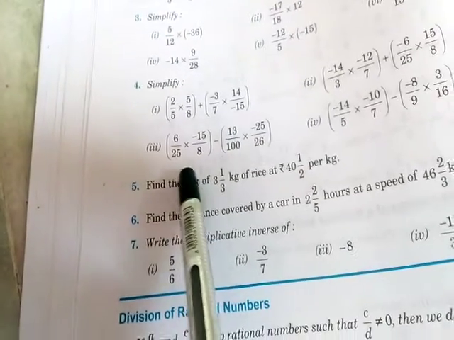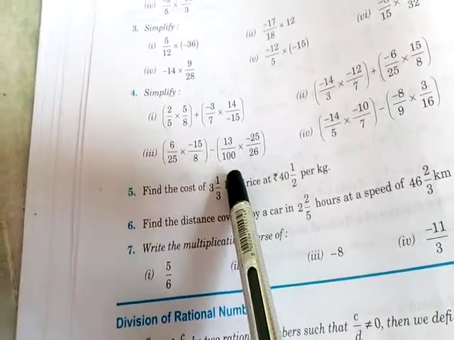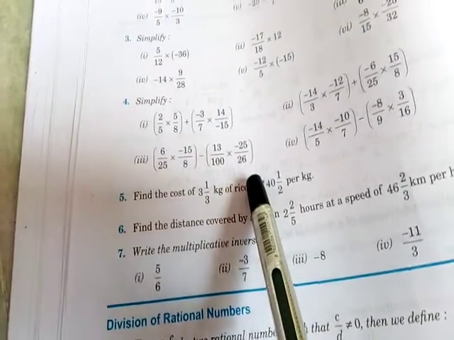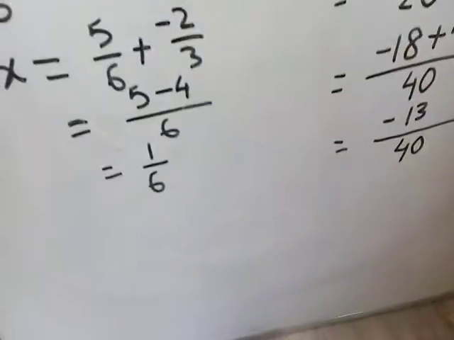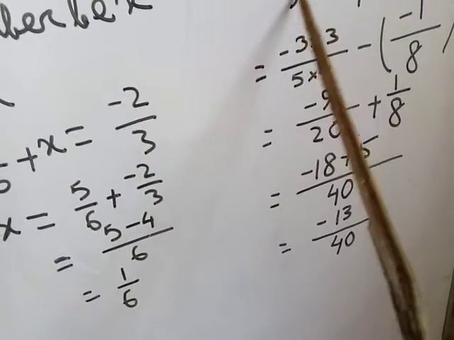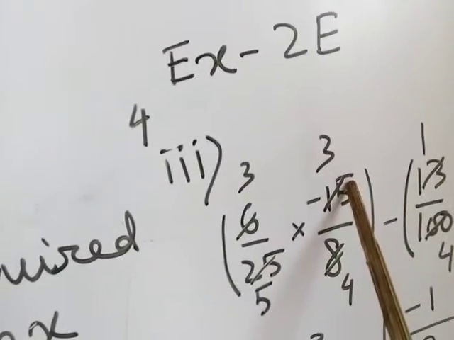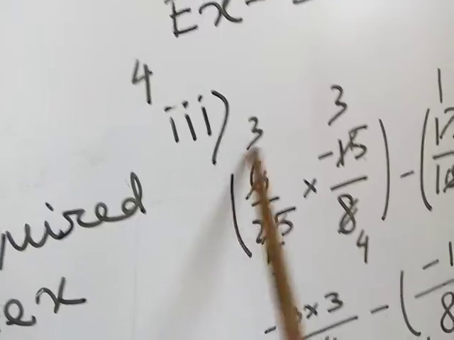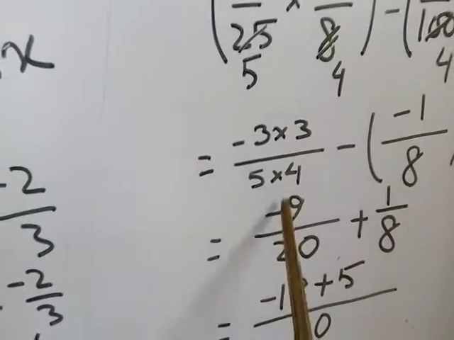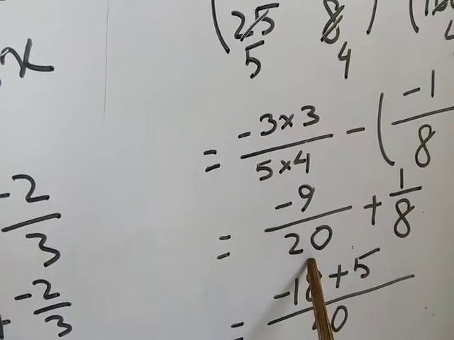Simplify this: 6 by 25 into minus 15 by 8 minus 13 by 100 into minus 20 by 26. Look, this 15 and 25 will cancel by 5. 5 fives are 25 and 5 threes are 15. Then 2 threes are 6, 2 fours are 8. 3 into 3 is minus 9. 3 into 3 minus 9 and 5 into 4 is 20.